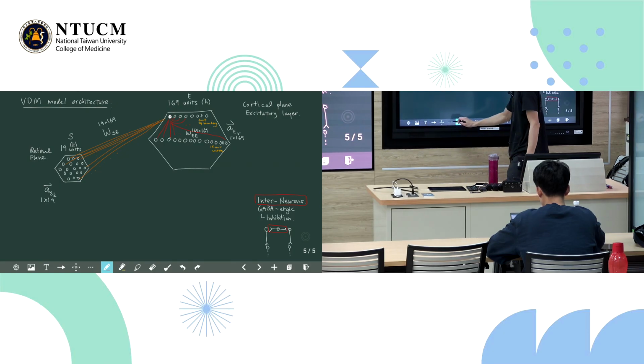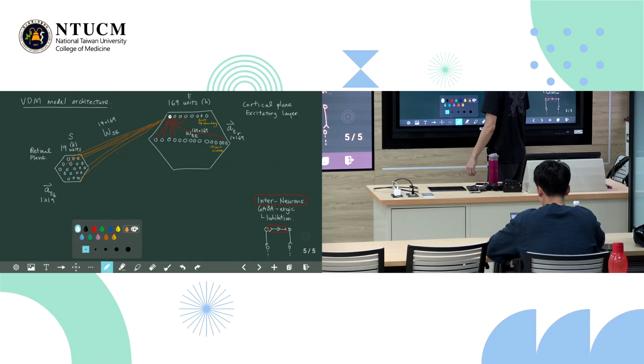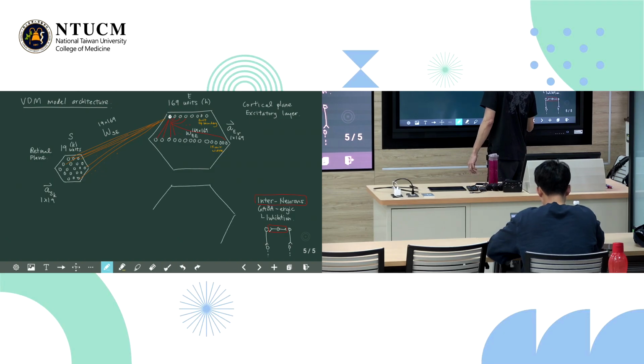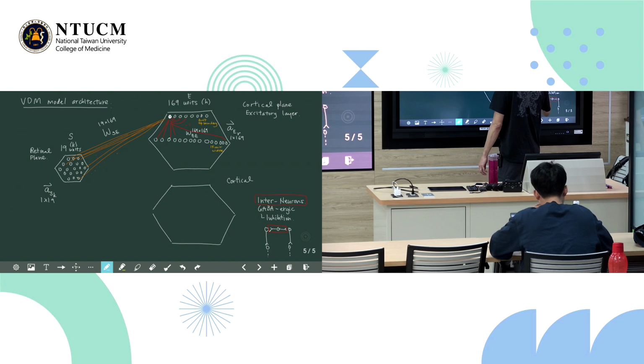So what he did was to create a cortical plane inhibitory layer.